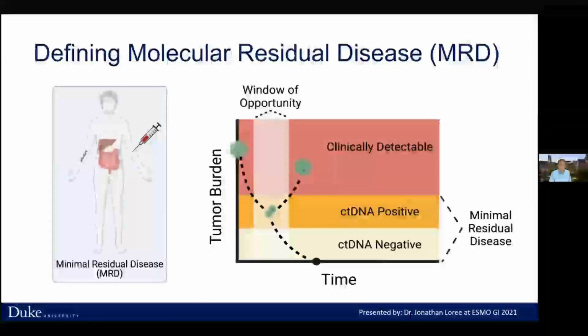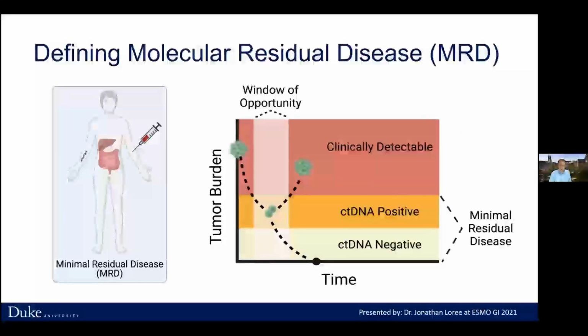You'll hear MRD described a number of ways. One way is molecular residual disease. Some will call it minimal residual disease, but ultimately what we're talking about is the same thing. And that is based on this notion that you can remove a tumor and potentially detect the presence of that residual disease through circulating tumor DNA that originated from that tumor.